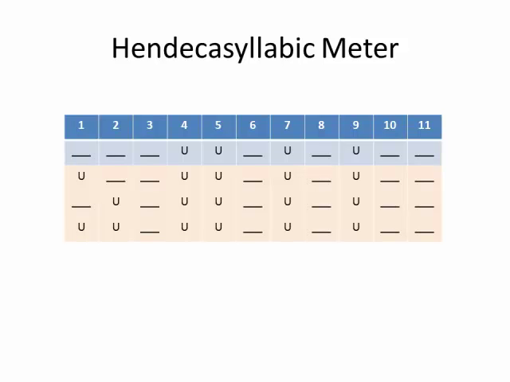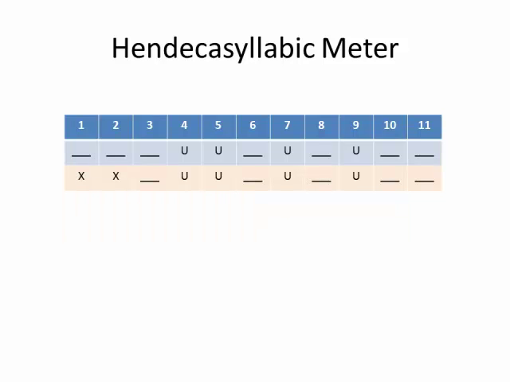Okay, so we could write it that way, or poetry scanning has a convention. If you have a syllable that could be either long or short, the convention is to put an X there to indicate that it's not decided. And the Latin word for undecided is anceps, A-N-C-E-P-S.